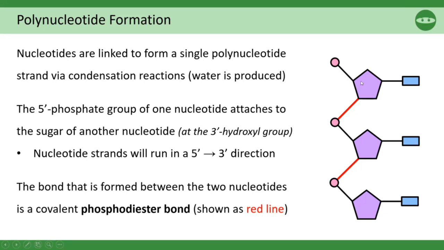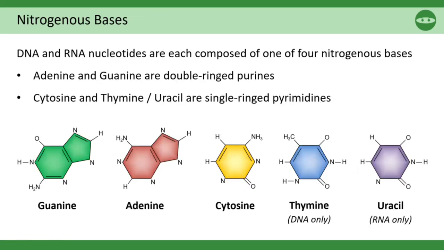The 5' phosphate group of one nucleotide is attached to the sugar of another nucleotide at the 3' hydroxyl group, and the nucleotide strands will run in the 5' to 3' direction. The bond formed between the 2 nucleotides is called the covalent phosphodiester bond.